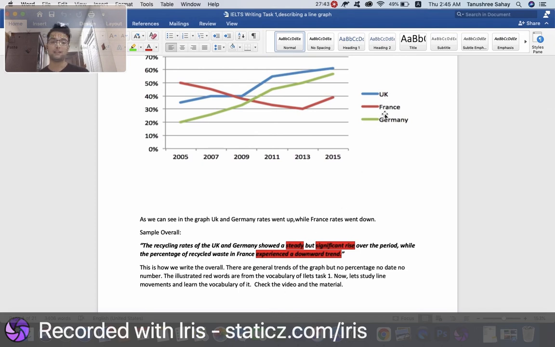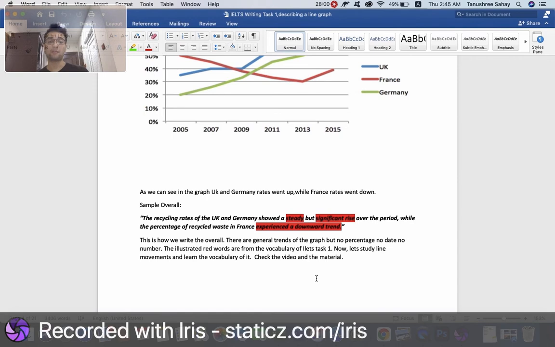There are some general trends of the graph, but no percentages, data or numbers are written in the overview paragraph. The highlighted red words, as I said before, are from the vocabulary of IELTS Task 1. Now let's study line movements and learn the vocabulary of it.